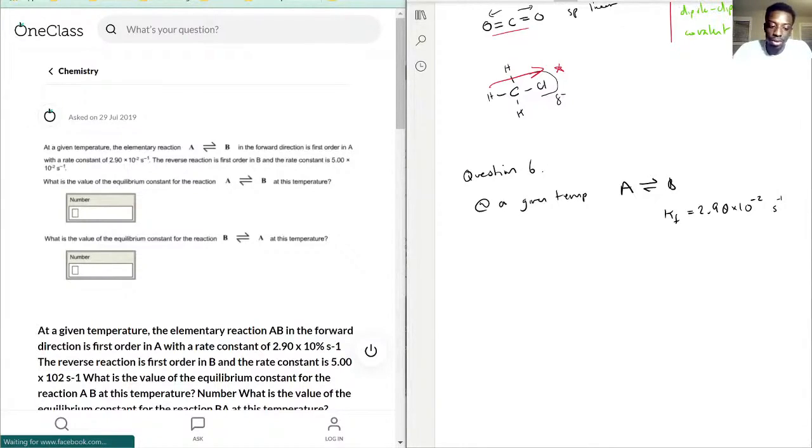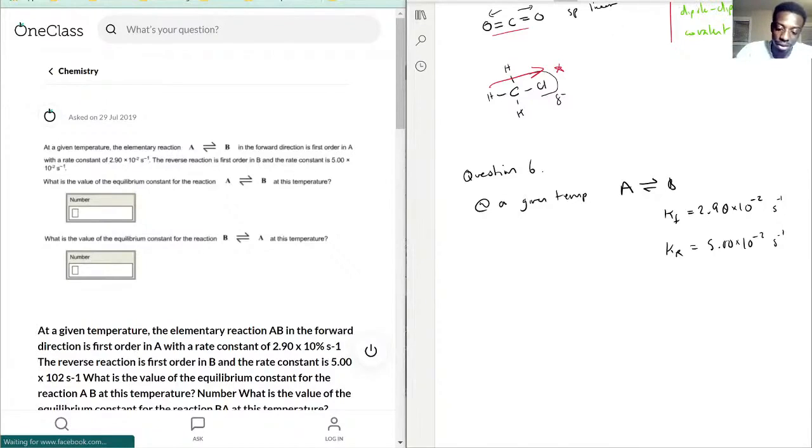Now the reverse reaction is also first order, so K reverse is equal to 5.00 times 10 to the negative 2, same units. Now, this is where it gets really strange, because you want the equilibrium constant.